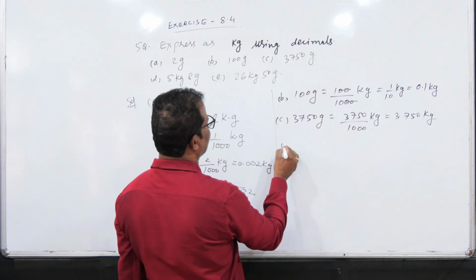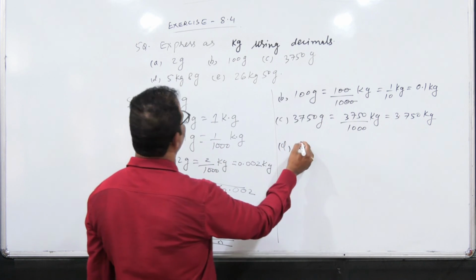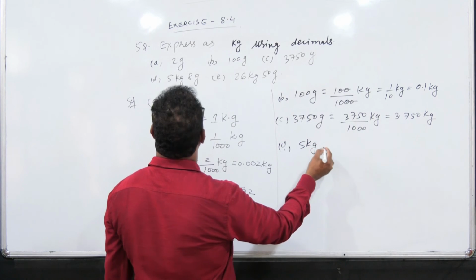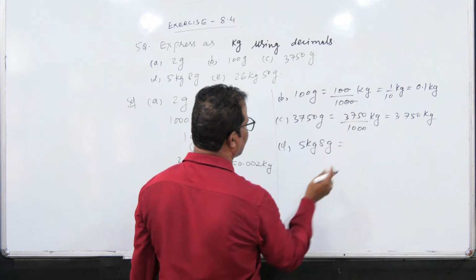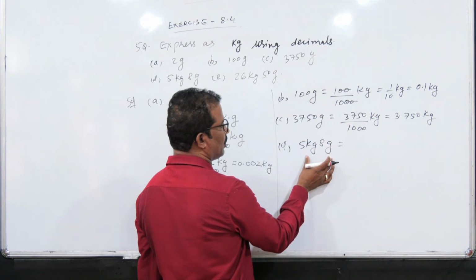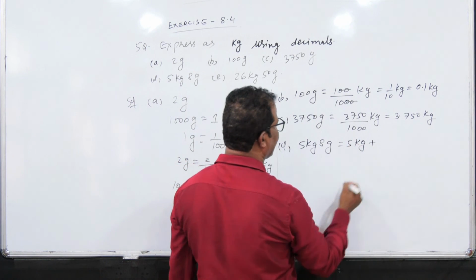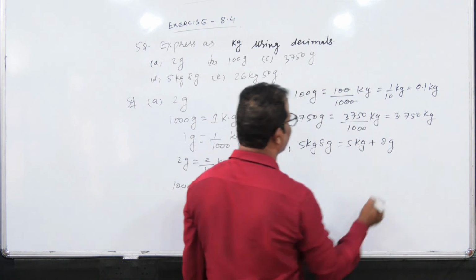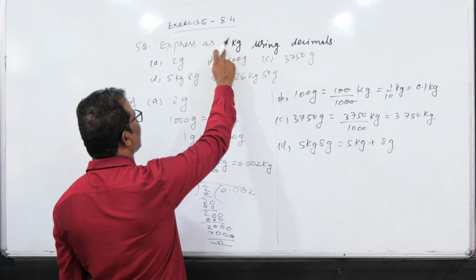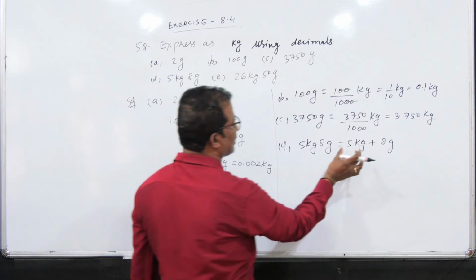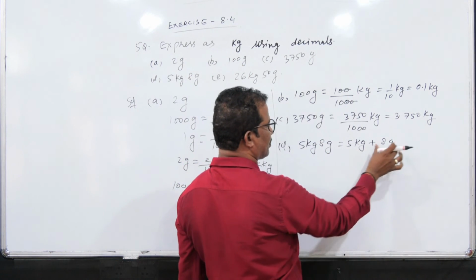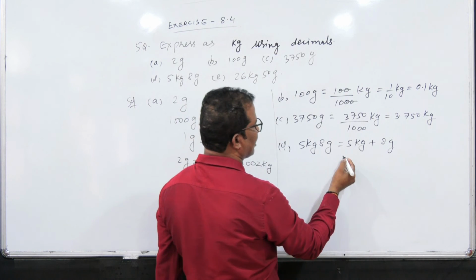And the next question, that is D. How much? 5 kg 8 grams. In this question there are two units, kg and grams. We have to break these units in this way: 5 kg plus 8 grams. As in the question it is given to express into kg only, it is already in kg, no need to do anything for this. Only we have to convert this 8 grams into kg.